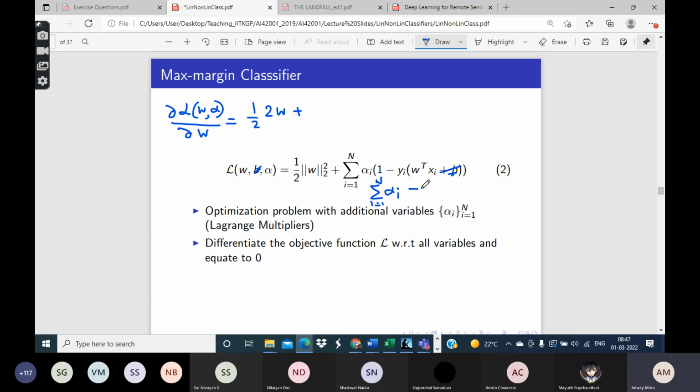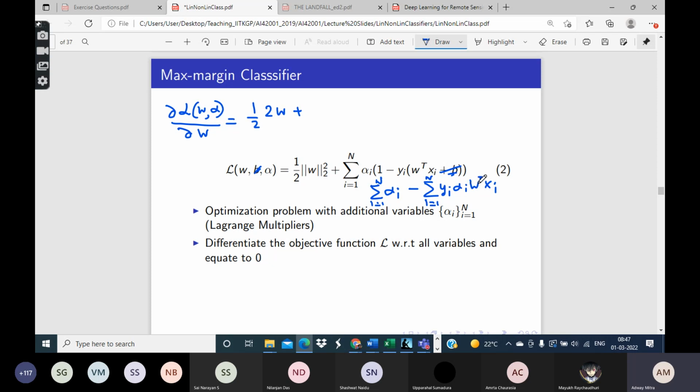The second term is yi alpha i W transpose xi. Correct? So this term clearly does not contain W. This term does contain W as W transpose xi. The yi and alpha i are all constants, and xi is also constant, so this term is linear in W.